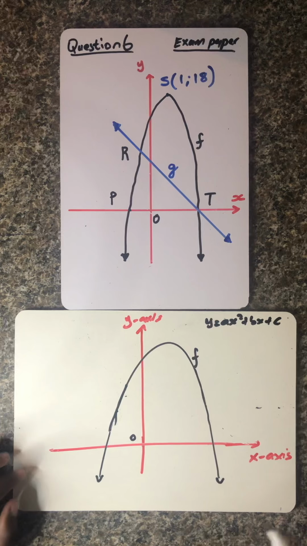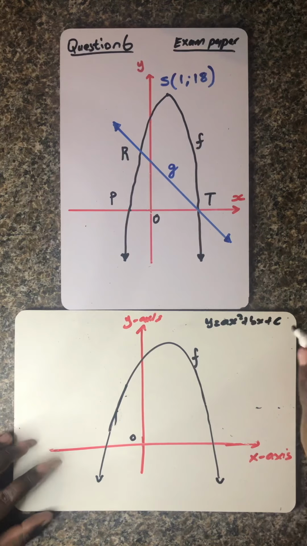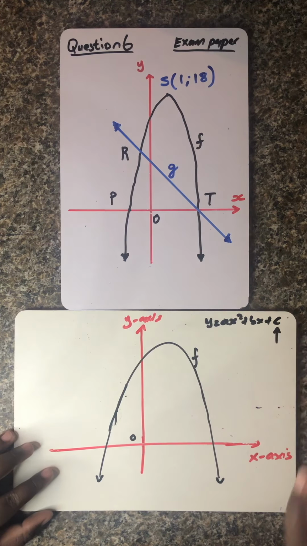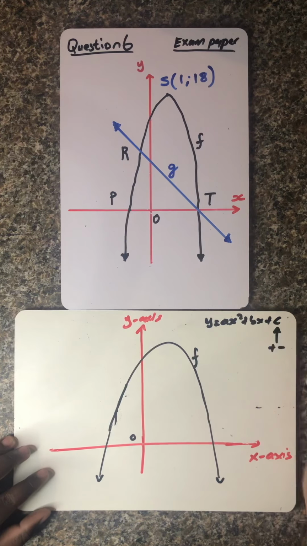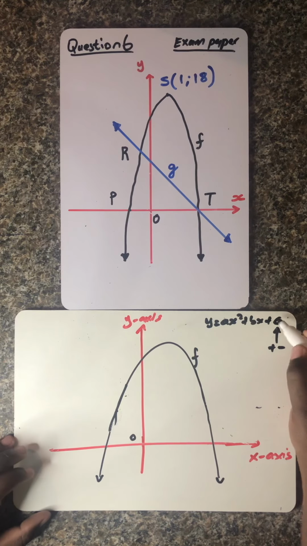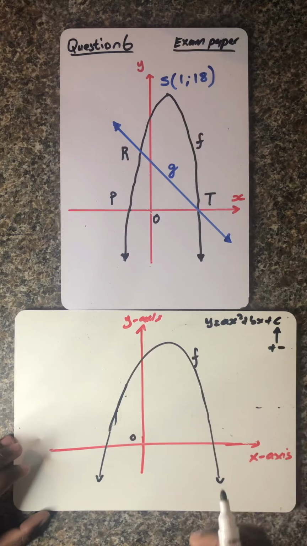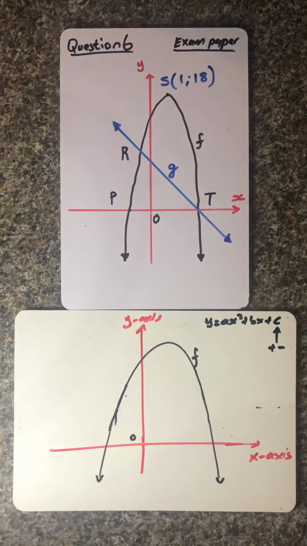Ladies and gentlemen, with regards to the value of C in terms of positive or negative, I just want to quickly indicate to you that the value of C refers to where the parabola touches the y-axis. I'm not sure if I've explained it in the simplest way such that you understand, ladies and gentlemen.